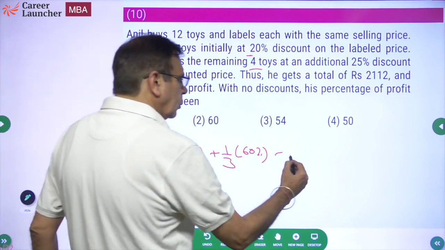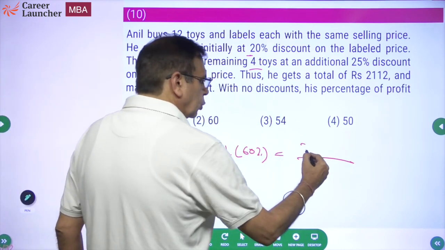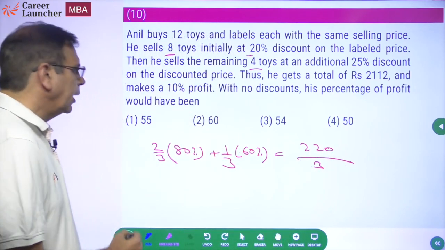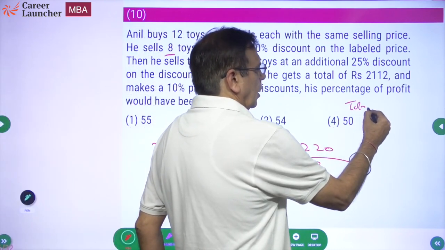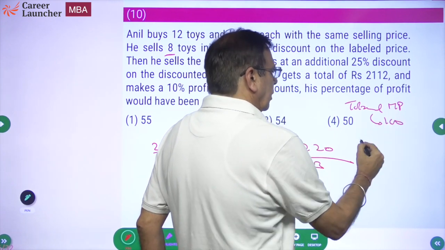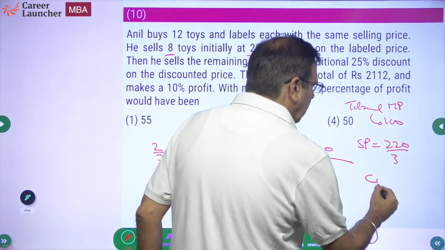What is this equal to? 160 plus 60, 220. 220 upon 3. So if the total mark price is 100, his selling price is equal to 220 upon 3. So what will be the cost price?